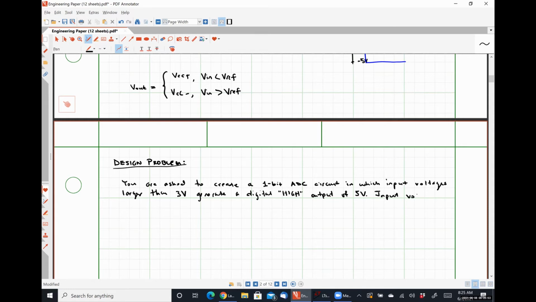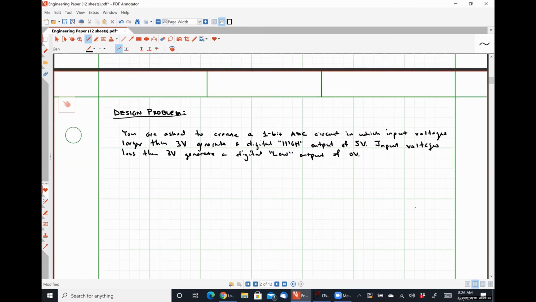Input voltages less than 3 volts generate a digital low output of 0 volts. How would you create this circuit?